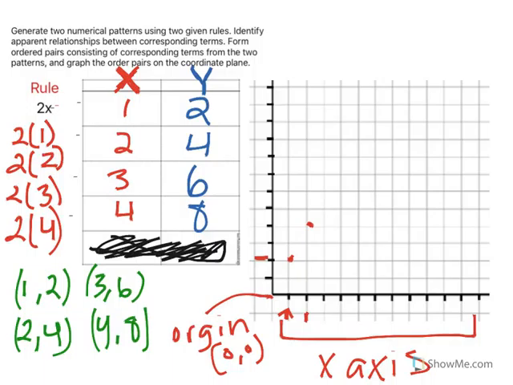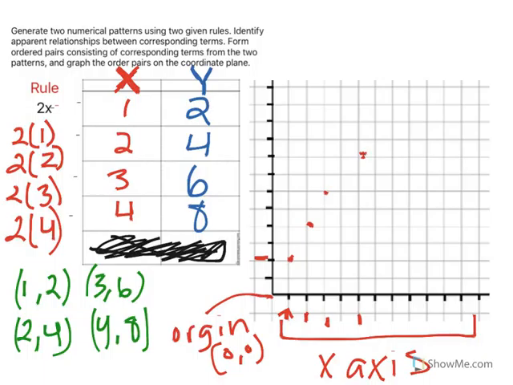So when we have 3, we want to go up 6. So 1, 2, 3, 4, 5, 6. Put that dot right there. And now we have our last one, which is 4, and our y-coordinate is 8. So we go 1, 2, 3, 4, 5, 6, 7, 8. And that is 8 on the graph. And that's all there is to it.